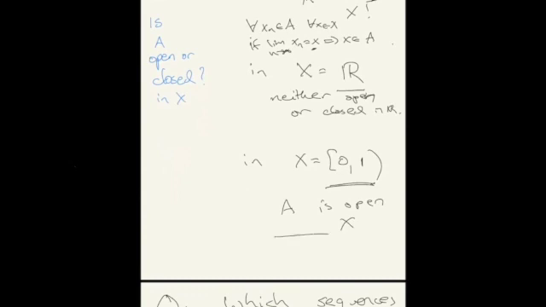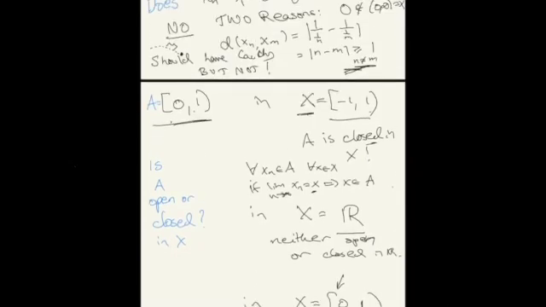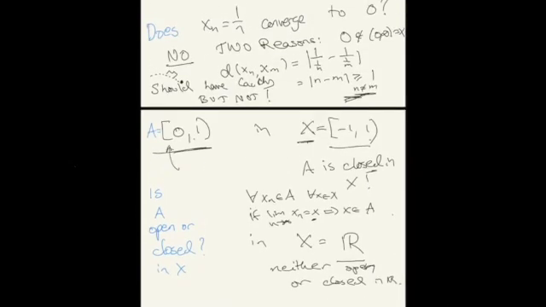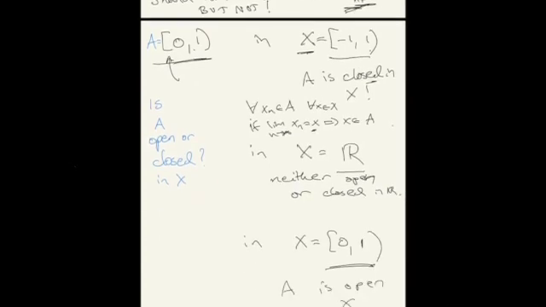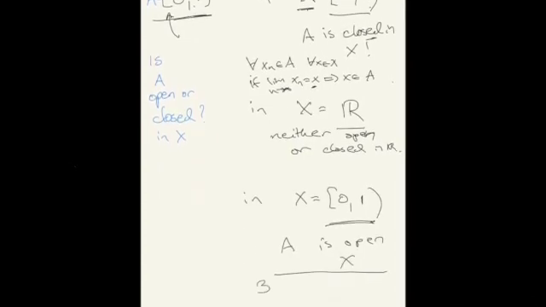Looking at this other case, your instinct might be that the ball at zero prevents this from being open. Well, that's in R, but if we're looking at the ball centered at 0 of, say, radius r in X, then we're only looking at values in the interval 0, 1.